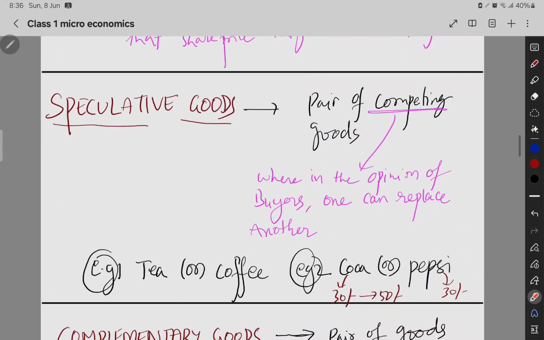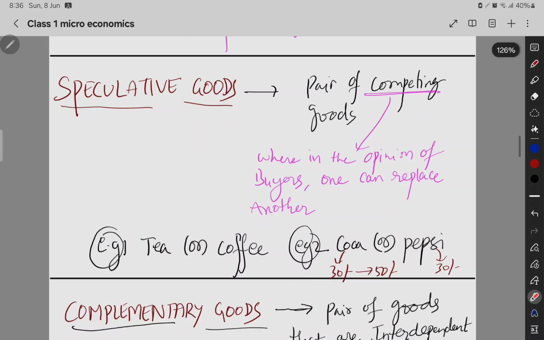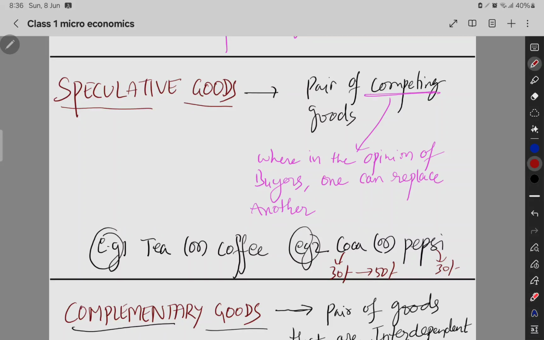Okay, what are speculative goods? Goods that are a pair of competing goods. Sorry, this is not speculative, this is substitutive goods, I guess.